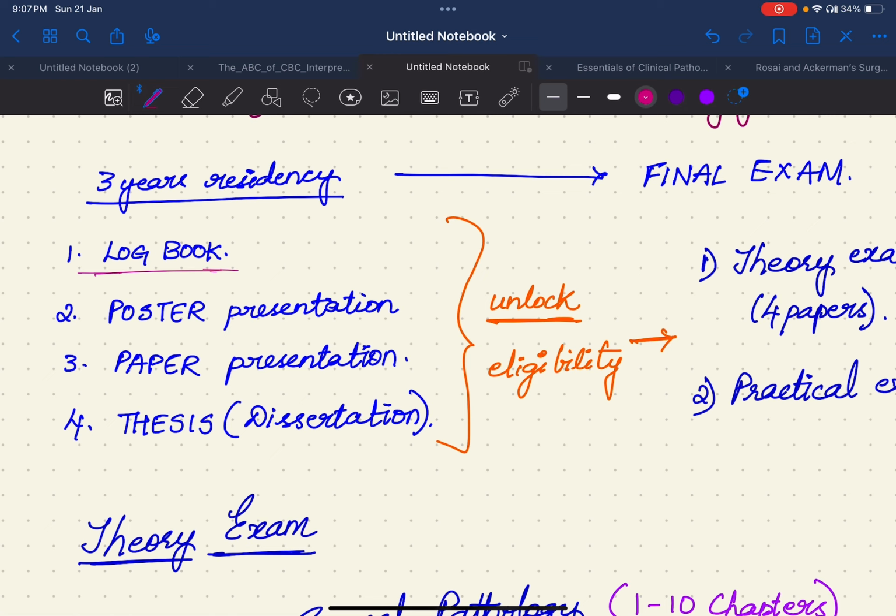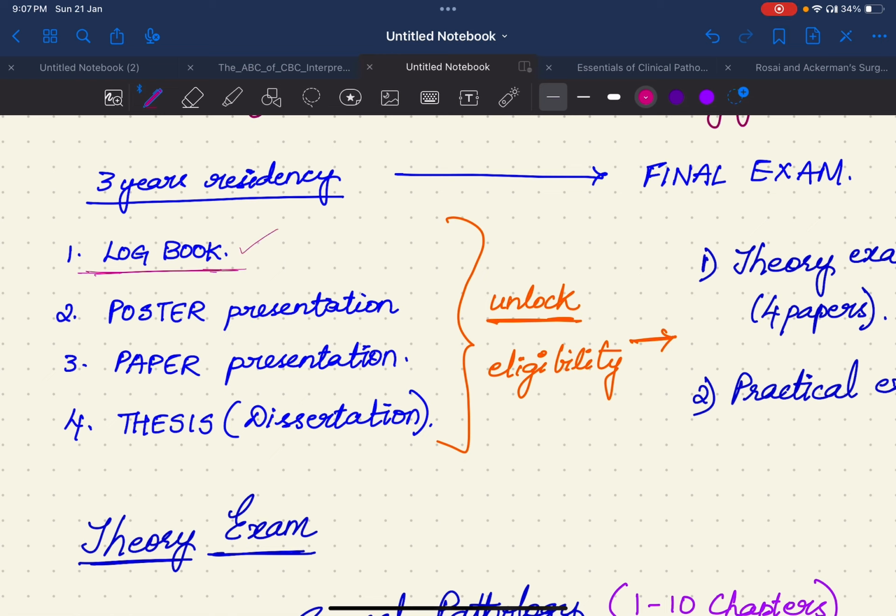All those will be recorded. You have to make a record on a daily basis in this book. And at last, you need to get it signed by your faculty members and submit. This makes you eligible to appear for this final exam. This is one of the mandatory things.